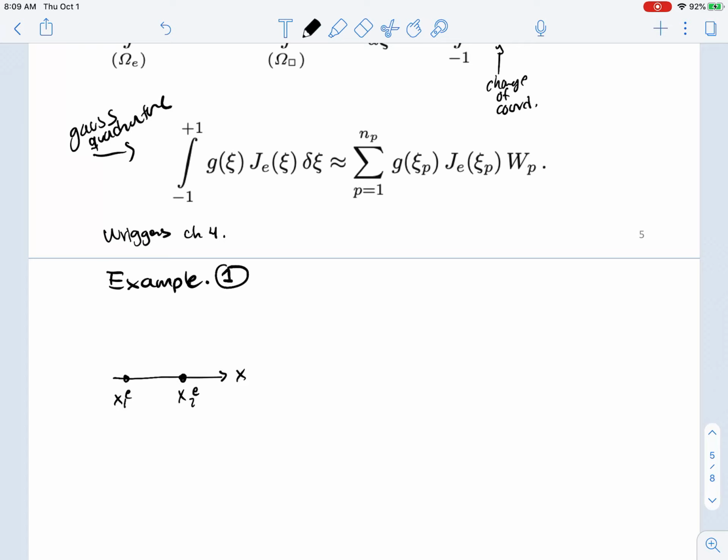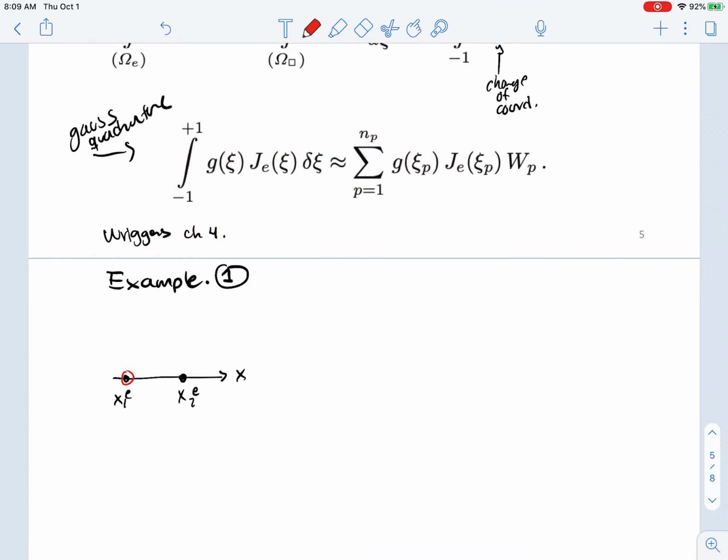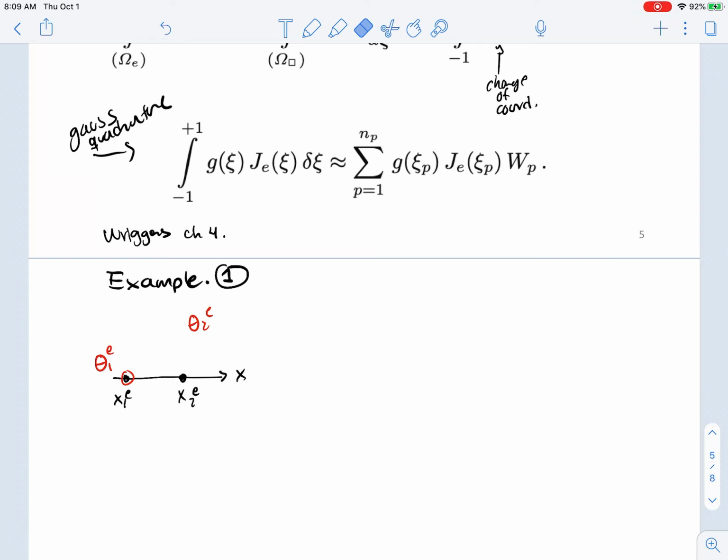So example 1: let's assume that in this space x for my element I have x1e and x2e. And I have also some value, let me use red, theta 1e and theta 2e, where theta represents a function.